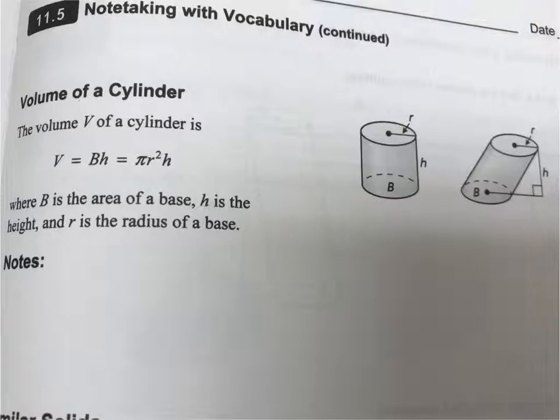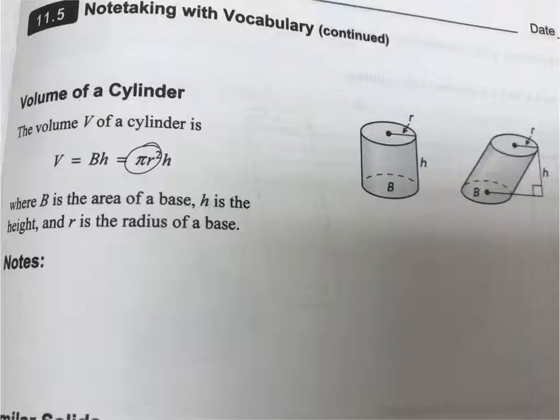Volume of a cylinder. What is the shape of the base there? A circle. Okay, pi r squared. Again, revisiting that. You have the pi r squared as your capital B and then your H. The majority of the problems are going to be straightforward.